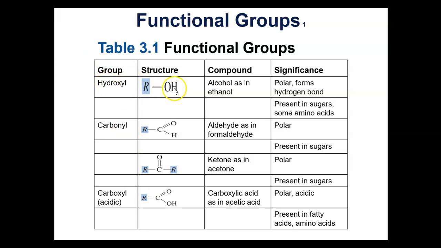Hydroxyl means that the functional group contains an OH bonded to another chemical. The R just stands for whatever chemical that it's bonded to. A carbonyl group is C double bonded to O, single bonded to H. A ketone is going to be a carbon double bonded to an oxygen and then bonded on either side to other chemicals.